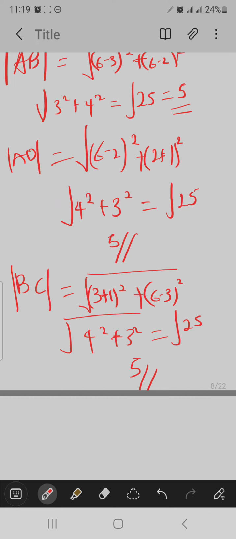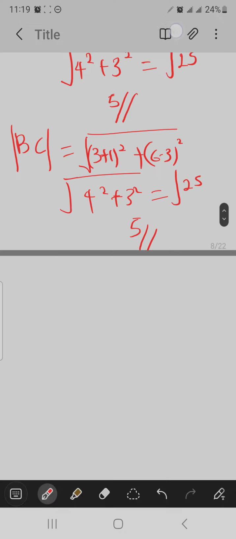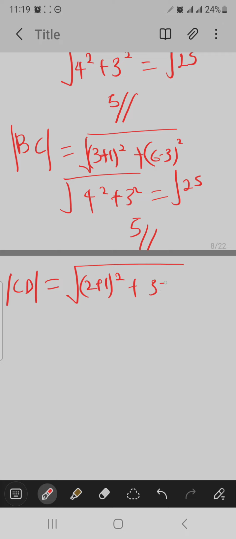What's next? I have CD. The CD will be the square root of 2 plus 1 all squared plus 3 plus 1 all squared. So this one will be 3 squared plus 4 squared, the square root of 25, which equals 5.